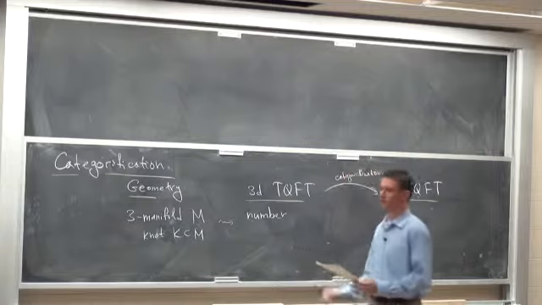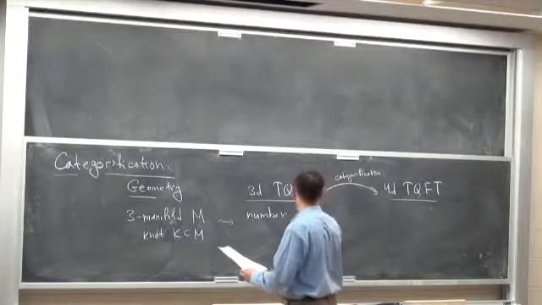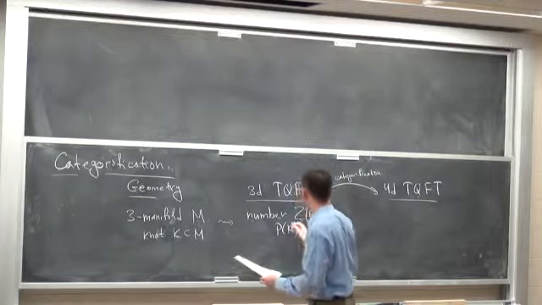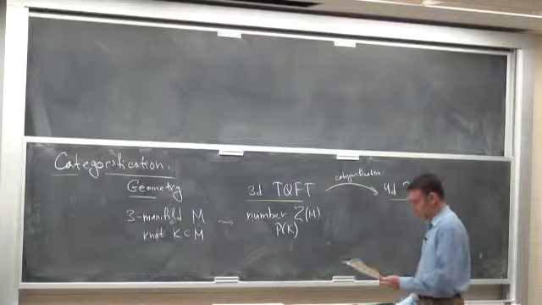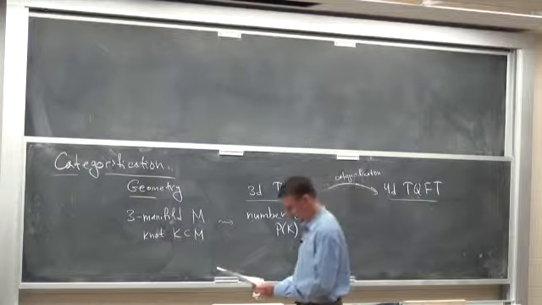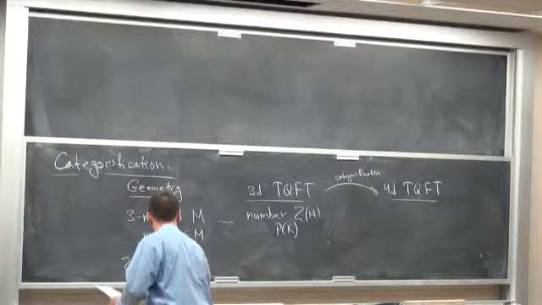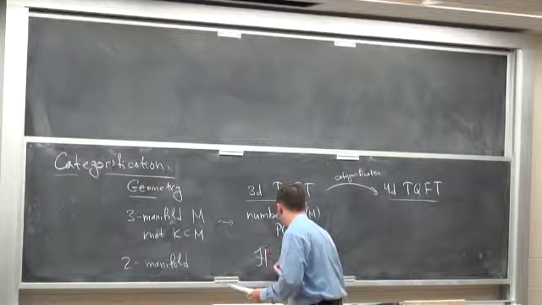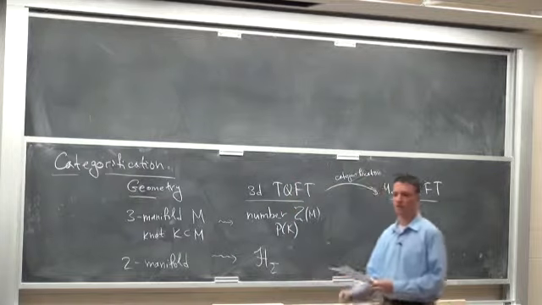It could be a number, or in view of yesterday's discussion, wave function. So something like Z of M, or P of K, where P is a polynomial of a knot, and things like that. Okay. So this is what we have in 3D TQFT, and to 2-manifold, just to continue one level down, we associate a vector space, which is the space of conformal blocks in the context of Chern-Simons theory.